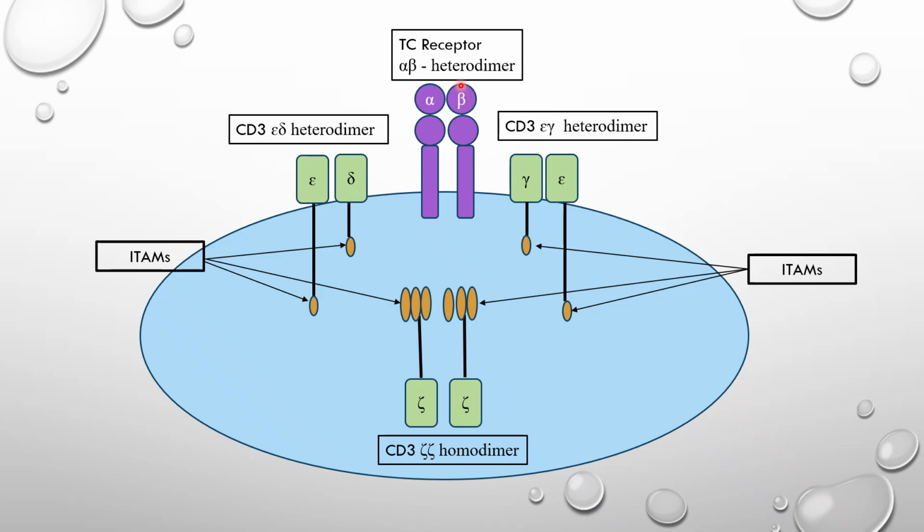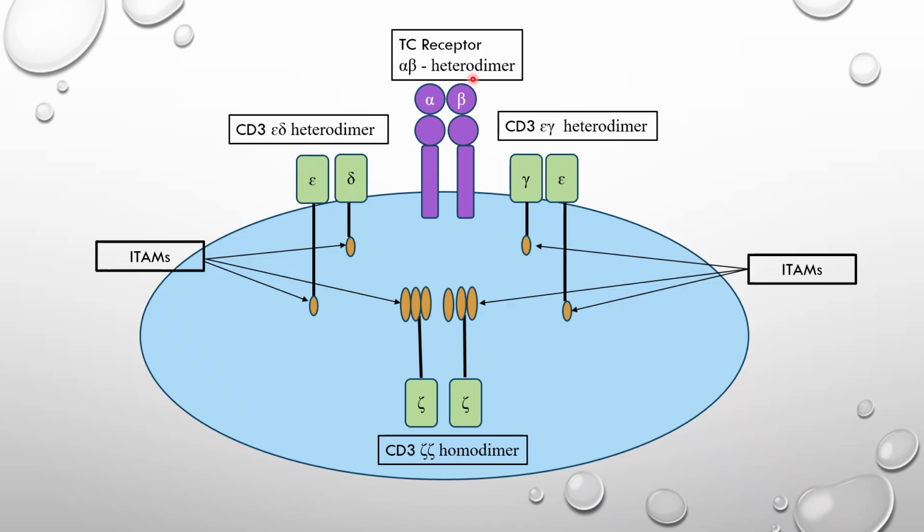Yeah, so the other type, which is the gamma delta heterodimer, that's the innate T cells, and they're very small in numbers, and they tend to exist in certain strategic locations in the body, such as the skin and the gastrointestinal tract.